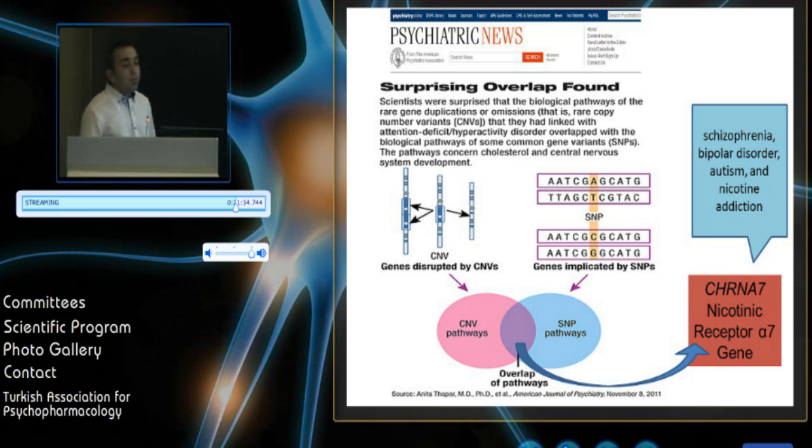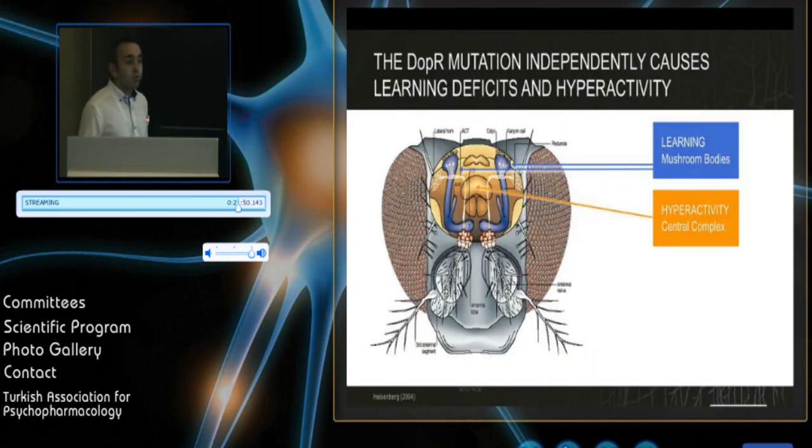Nicotinic receptor alpha-7 is the most important one. For ADHD, is this a candidate gene? We cannot answer that because in other neurodevelopmental problems we see the same thing. So while enlightening certain issues, this study is actually casting shadow on other issues.